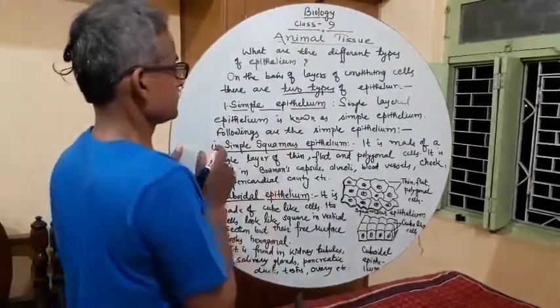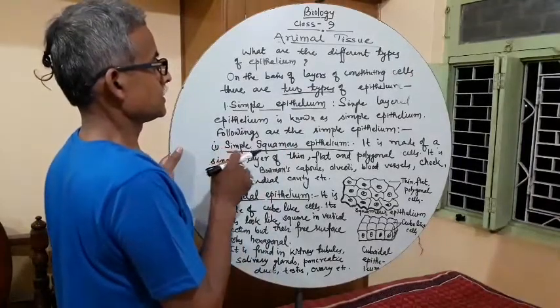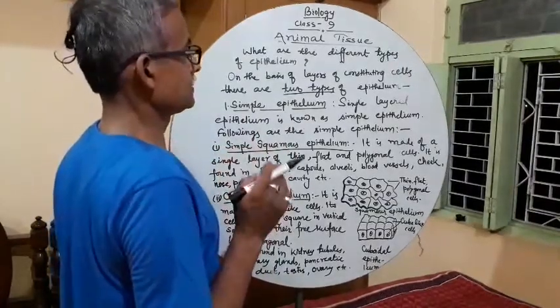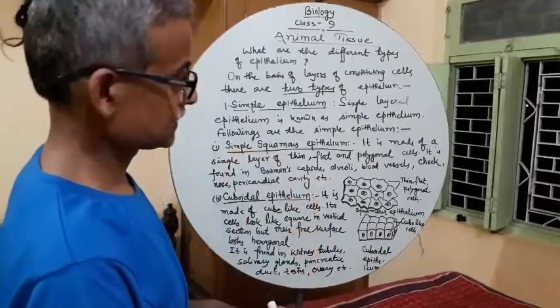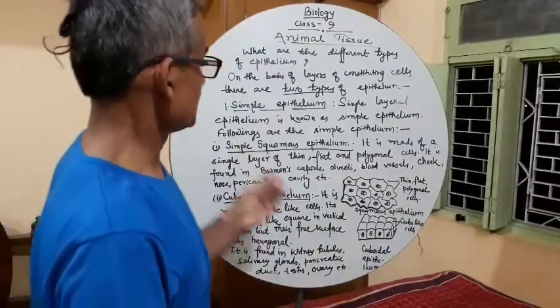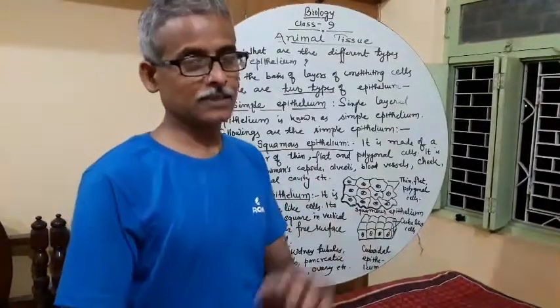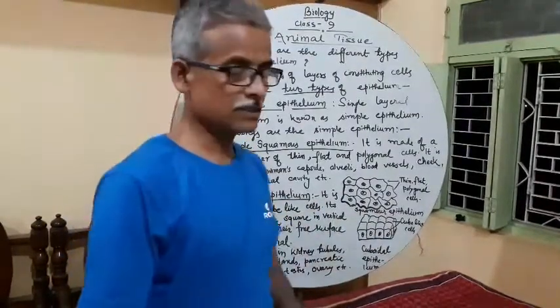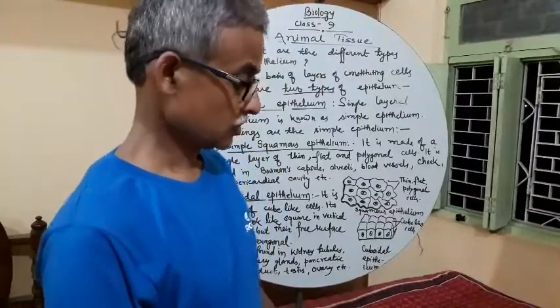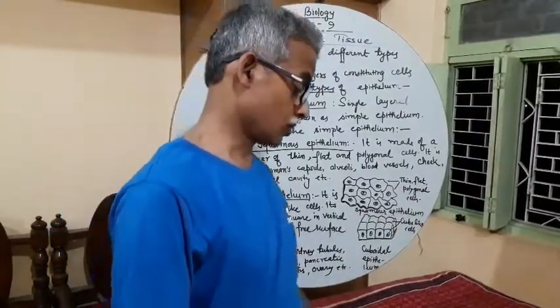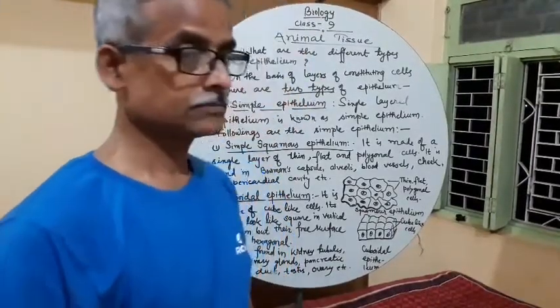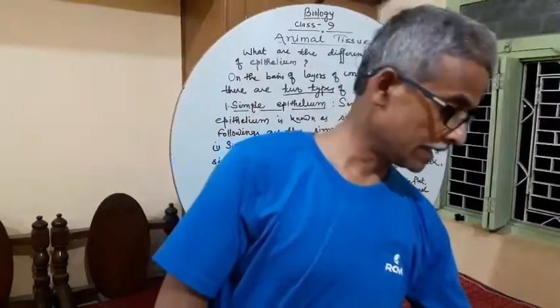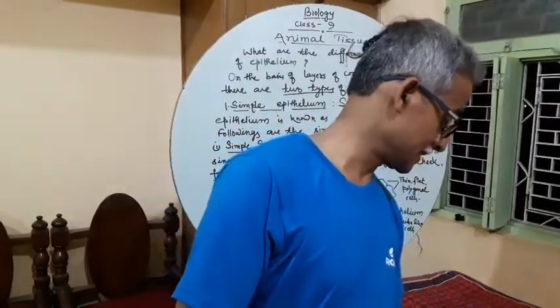Following are the different types of simple epithelium: simple squamous epithelium, cuboidal epithelium, columnar epithelium, and ciliated epithelium.